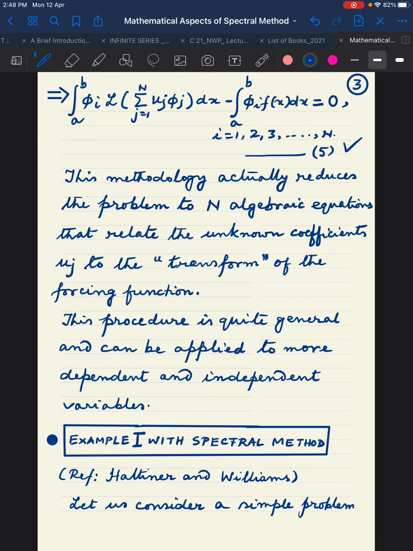So this methodology actually reduces the problem to n algebraic equations that relate the unknown coefficients uj to the transform of the forcing function.